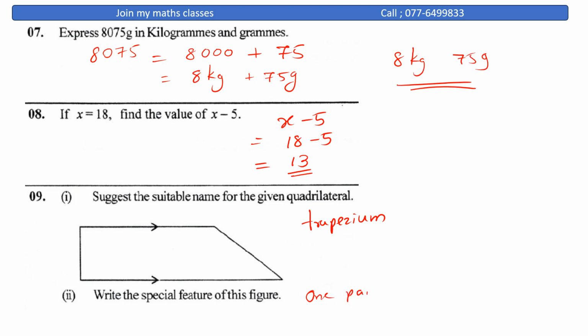One pair of sides are parallel to each other. That means you see this symbol. This indicates that these two lines are parallel, and only one pair should be parallel in a trapezium.